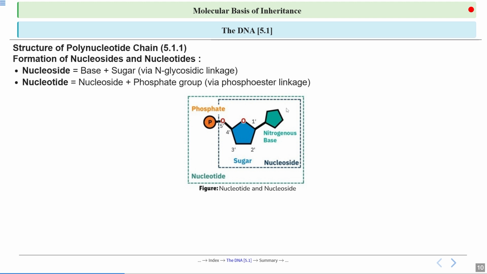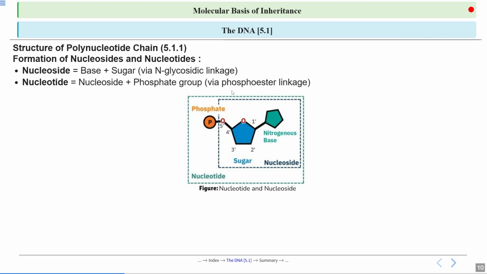Whereas this sugar and base, what we call nucleoside, when combined with this phosphate group via phosphoester linkage, is called nucleotide. And what is nucleotide? We have studied that this is the basic building block of nucleic acid. So now you can relate what is nucleoside and nucleotide, and tide: T means 3, and 3 means 3 components, this nucleoside and phosphate group.